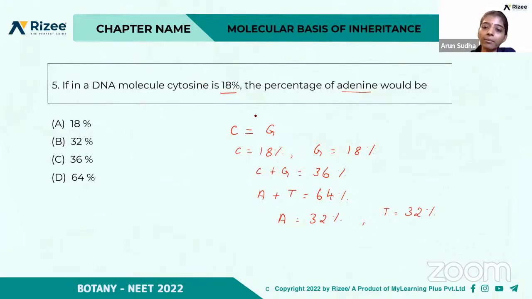So C 18 means G also will be 18. So C plus G content is 36 and the remaining will be A plus T, that is 64%. So A is 32 and T is 32. So the answer is B. If they ask any type of question like this, you should be able to do it.